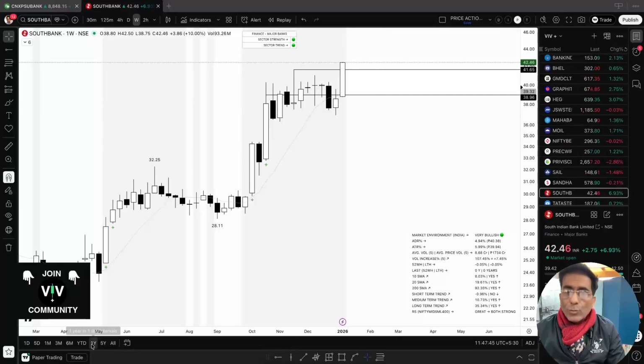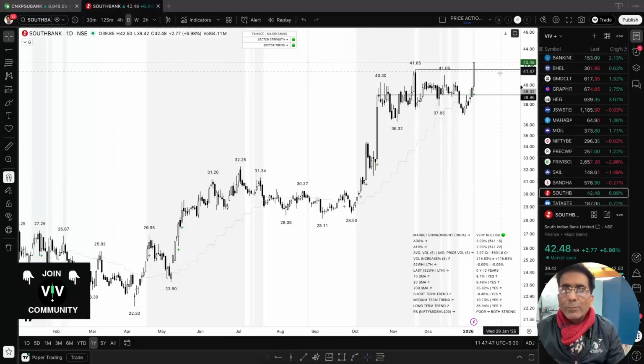So yesterday I entered at 40.46, or maybe 39.46, I think 39.46, because my risk was only 1.5%. Luckily the trade worked; today the stock is almost 7% up.